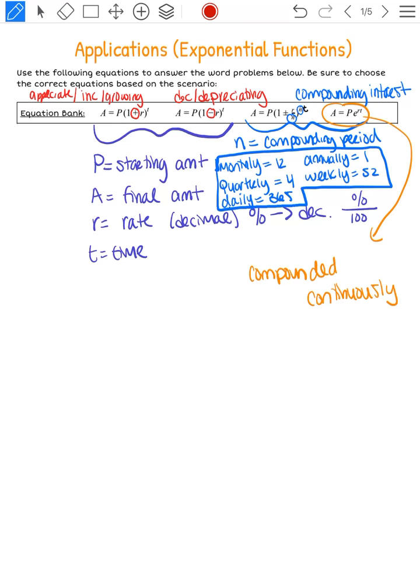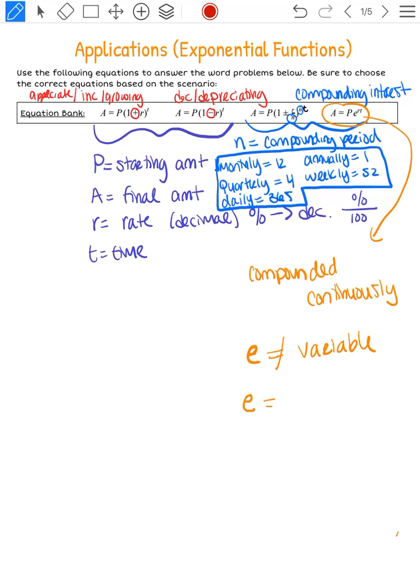It's more kind of almost like bacteria growing, or something that doesn't start and stop, is continuously growing. And for this problem, similarly, A, P, R, and T are all the same things they've represented in the other 3, but we have this new added element, which is E. And remember, E is not a variable. Okay?